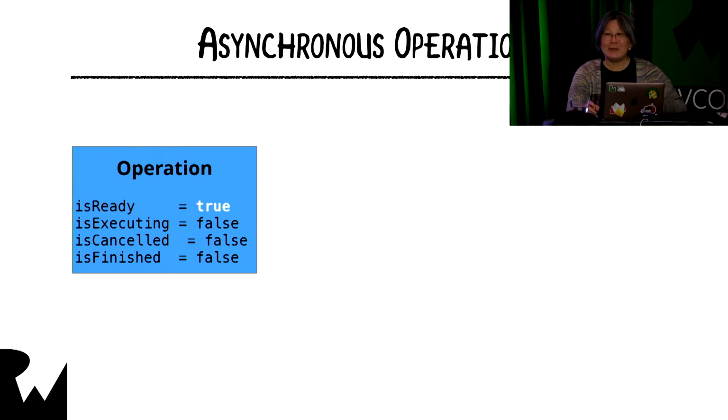But as we know, asynchronous functions return immediately, and so there has to be a way for the operation queue to know that it really has finished. And so the typical solution is to write an async operation subclass which manages its state and communicates with the operation superclass through KVO. Okay?